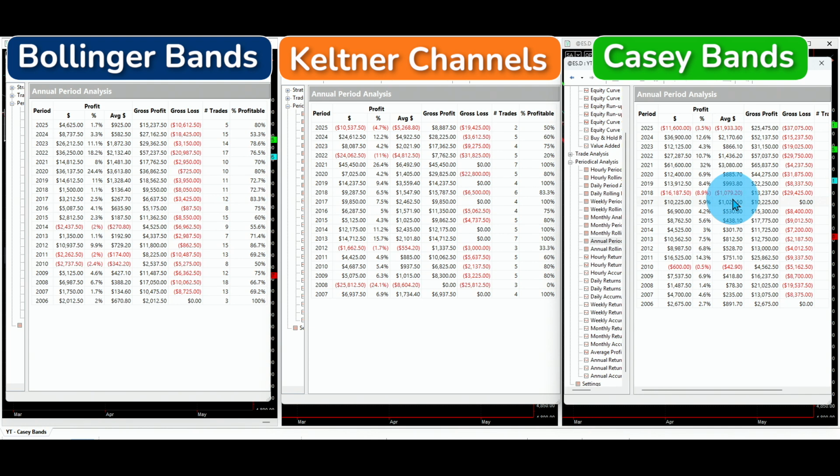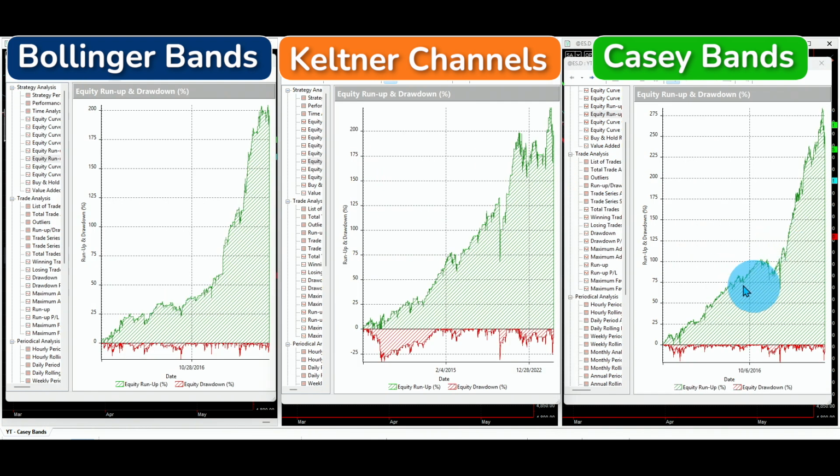So they all have different losing years. And you can see, of course, the equity chart is totally different. Keltner Channel has a big drawdown here and is a little bit more volatile. But of course, this is one strategy out of the 840 that we optimized.